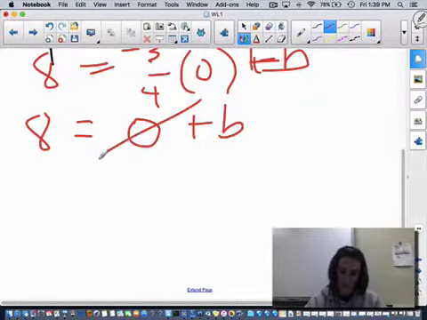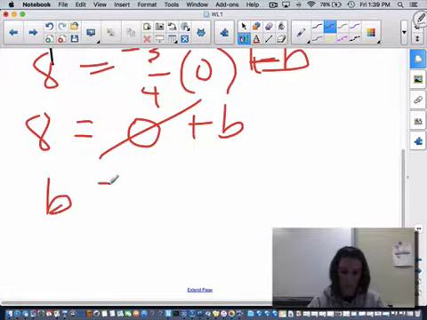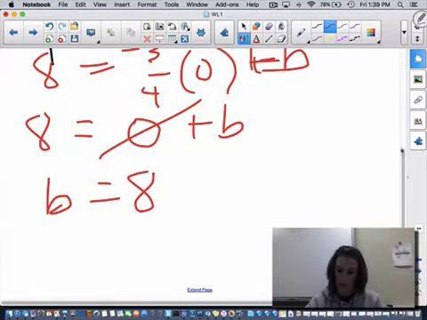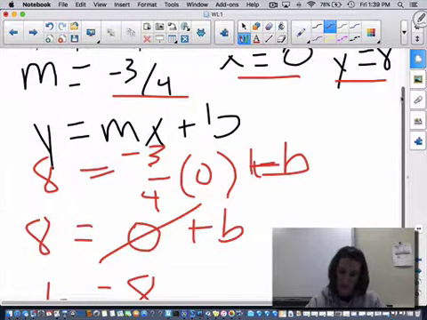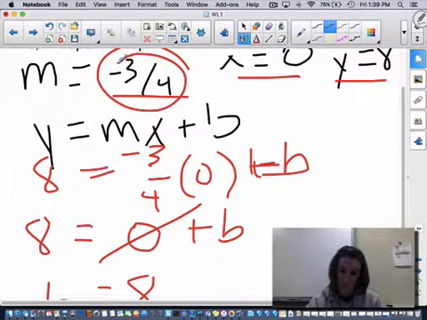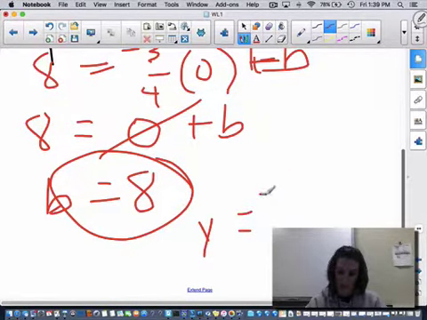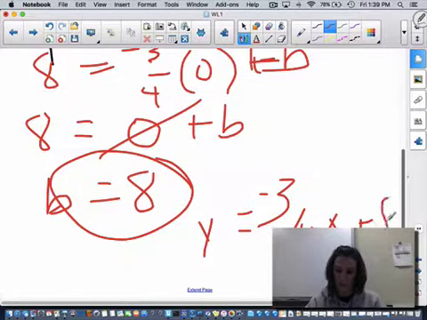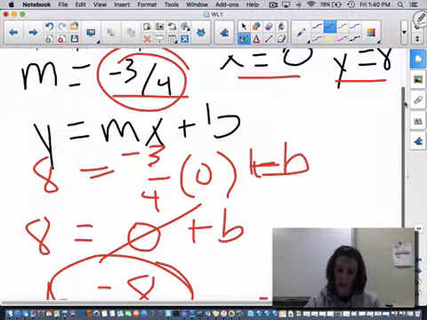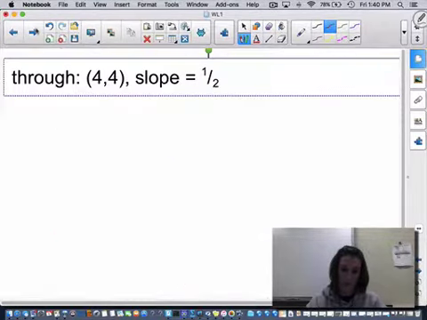So that goes away because it's just 0, so b equals 8. So what I do is I take the slope that they gave me and the b value I just solved for and put it into an equation. So y equals -3/4 x plus 8. So that is the equation that goes through the point 0, 8 and has a slope of -3/4.